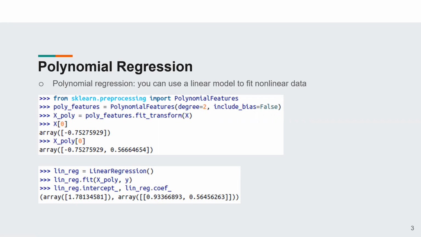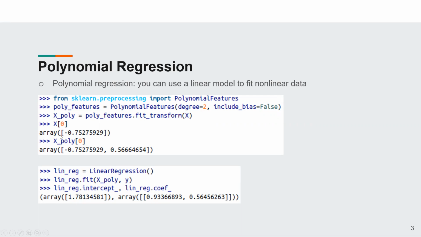So by doing that, we have polynomial terms, with the hope that with all the polynomial terms, we are able to fit the model as well. So essentially, we can still leverage the linear regression model. The input is no longer the feature itself.